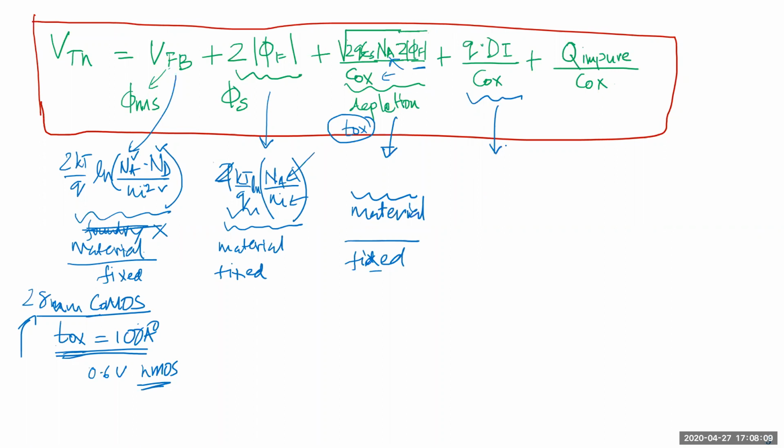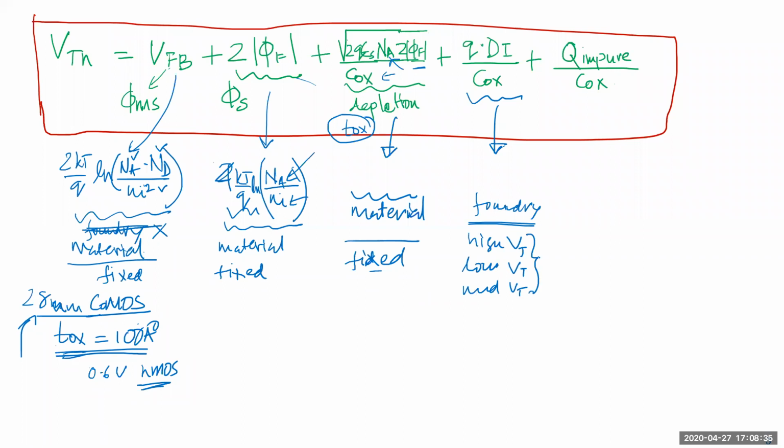This can be changed by the foundry without affecting any of the other stuff like the substrate, because that's the engineering part of it. So the foundry controls it, but that is pre-decided. When I choose a technology, I might get a high VT, low VT, and a medium VT device.